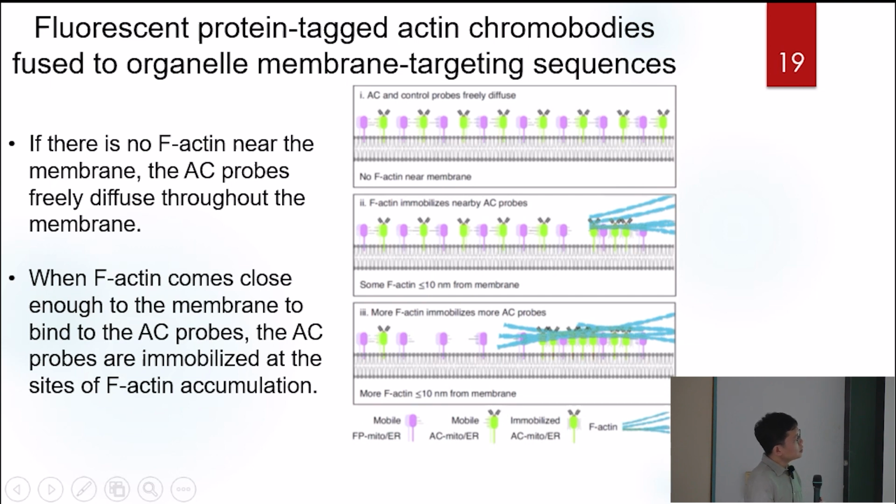When actin comes in, the chromobody will recognize actin, so they will concentrate at the interaction region. After actin comes in, there is more actin, and so there is more chromobody, so the signal will become stronger. So is that okay? This is the idea of how they developed this method.